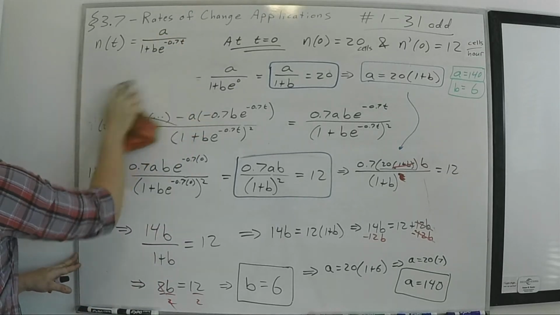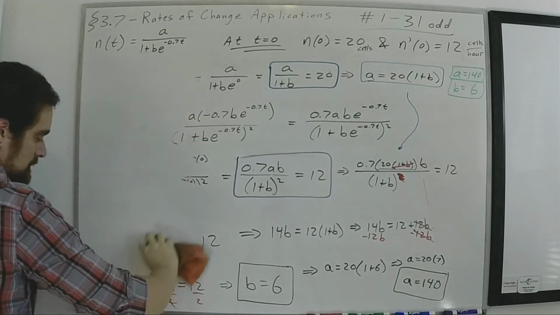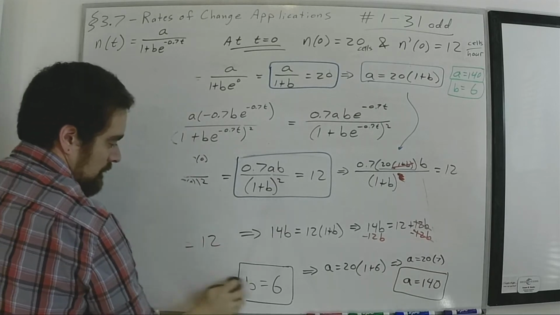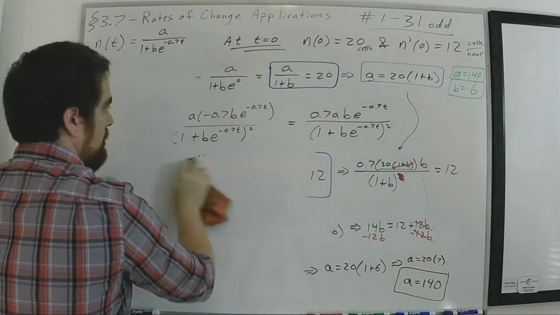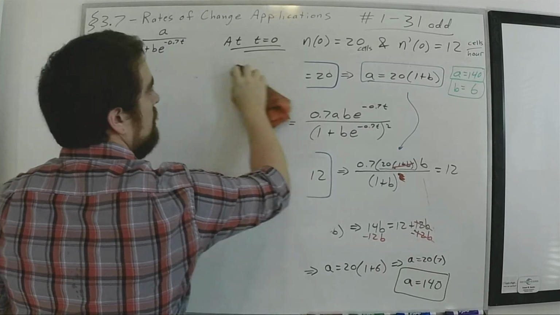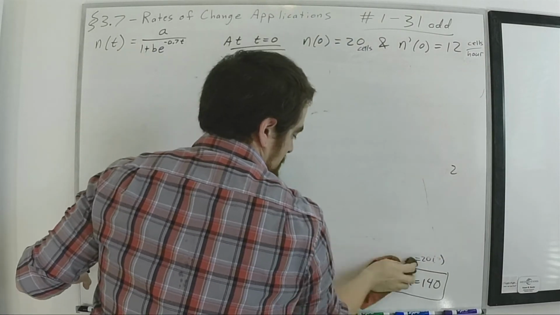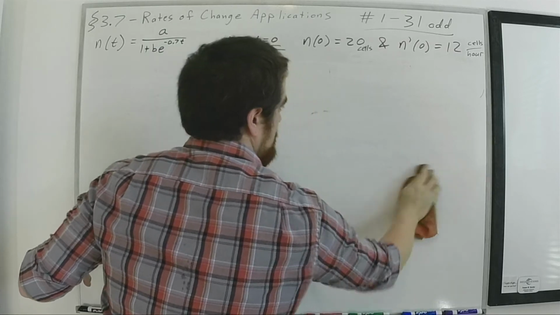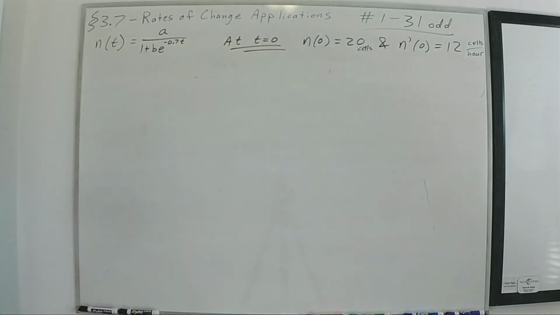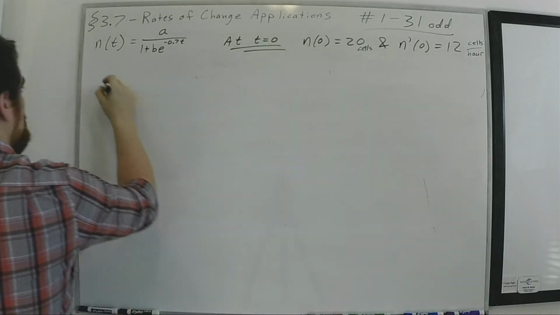That's why I say I'm going to get rid of this. All right, so I said I was going to leave those numbers up there, and then I immediately erased them. But that's okay. I remember them. 140 and 6.